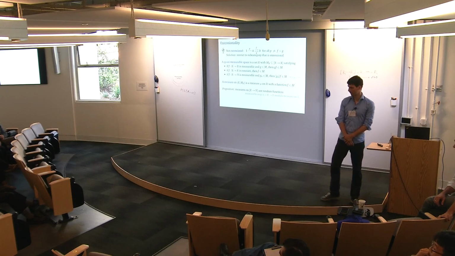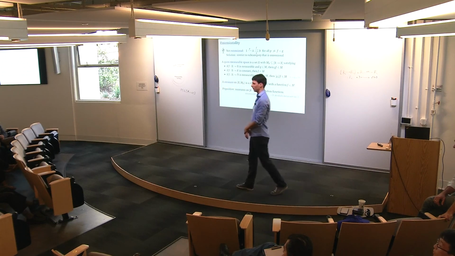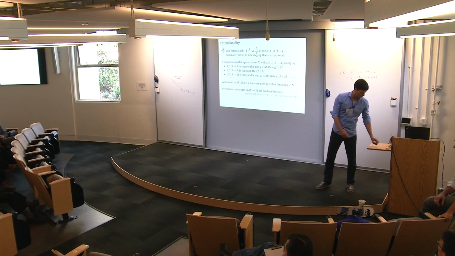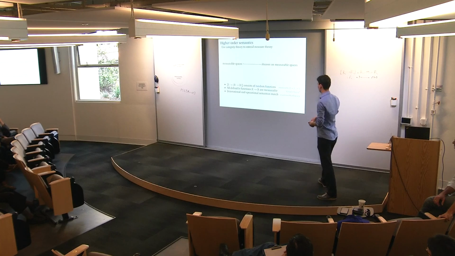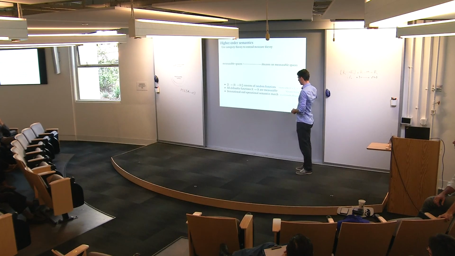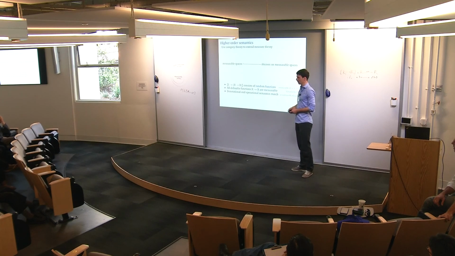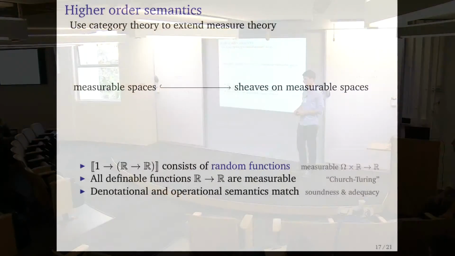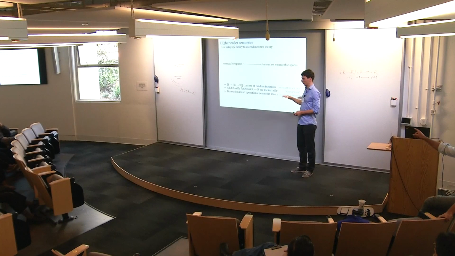I have a question about the random functions. What kind of notion of random function do you have in your model? I think you're talking about this point here. Correct me if I'm wrong, but I understand that by random function from X to Y people mean a measurable function from some Omega times X to Y, where Omega comes with a probability measure, and generally modulo some conditions on different Omegas.